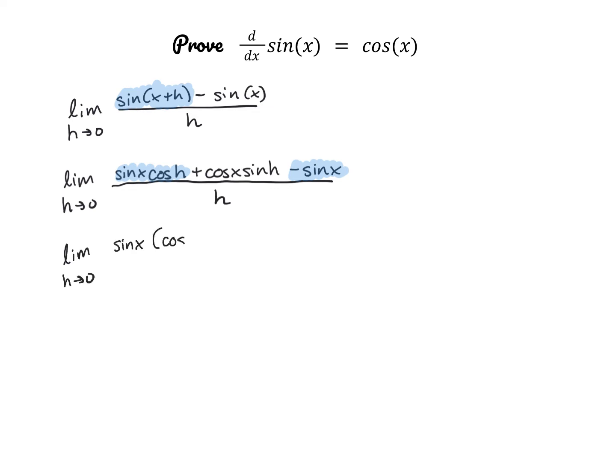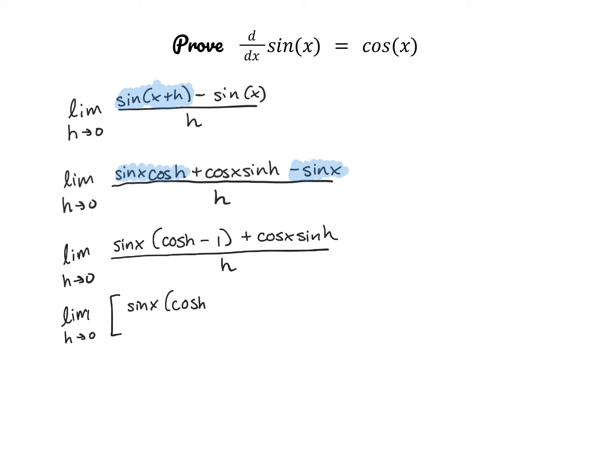So we're left with the cosine of h minus 1 plus the cosine of x times the sine of h, all over h. And now if you think of these as two separate fractions, it may help in evaluating this limit. So the sine of x times the cosine of h minus 1 all over h, plus the cosine of x sine of h all over h.